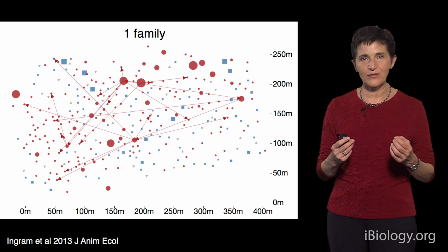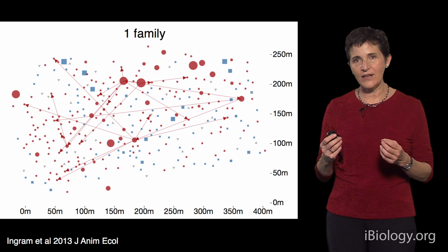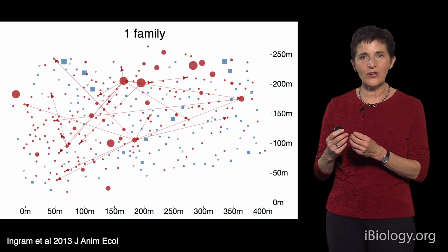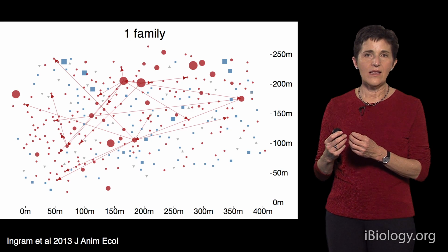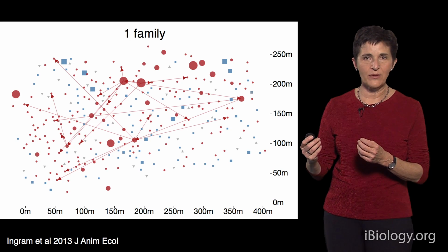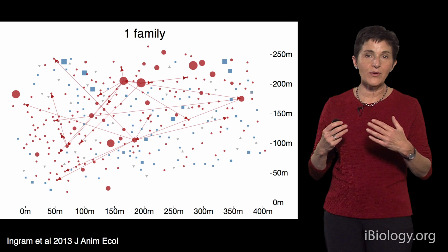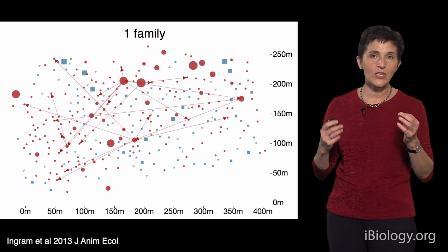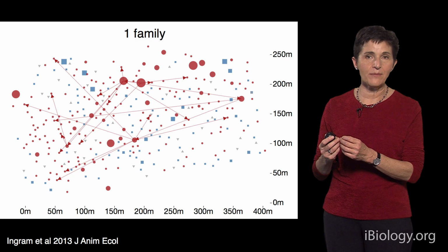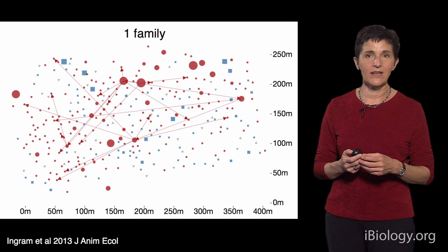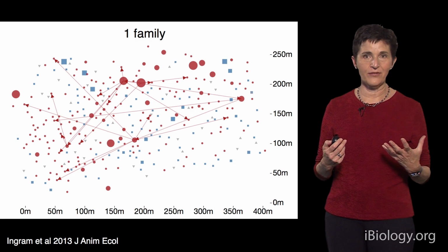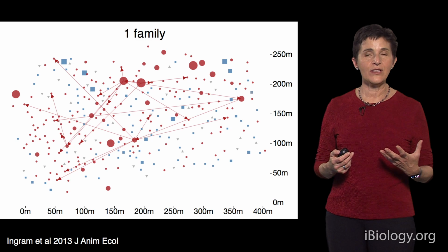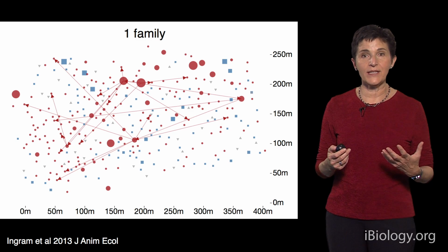That is, we were able to figure out which colonies produced the daughter queens that founded the offspring colony. So what we're really measuring is the female component of reproductive success. Which offspring colonies were founded by daughter queens of which parent colonies? So this was amazing for me after all these years to be able to figure out who's related.